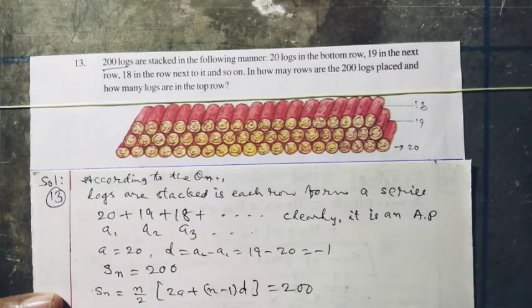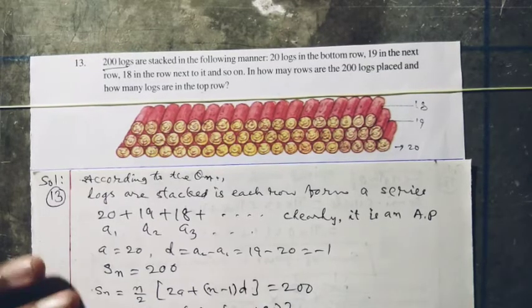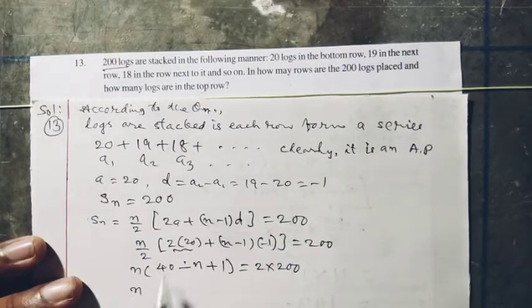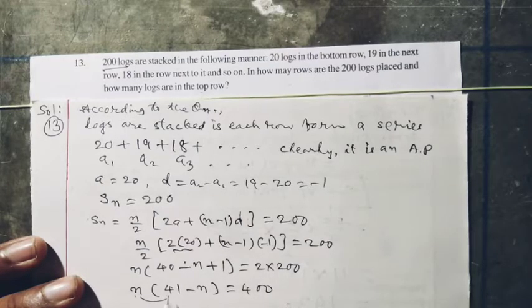Here you have to substitute the given values: n by 2 times (2 into 20 plus (n minus 1) into minus 1) is equal to 200. Shifting the 2 across: n into (40 minus n plus 1) is equal to 400, so n into (41 minus n) is equal to 400, that is 41n minus n square is equal to 400.